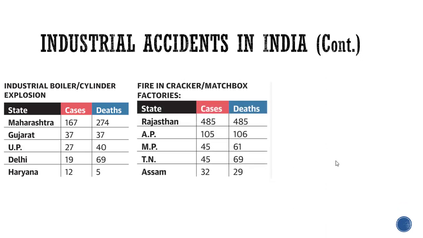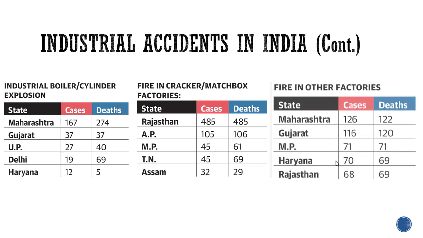And here comes our problem. Fire in cracker and matchbox factories: most of the cases were reported in Rajasthan, and the list goes on, Andhra Pradesh, Madhya Pradesh, and here comes our state, Tamil Nadu. So let us see that finally.